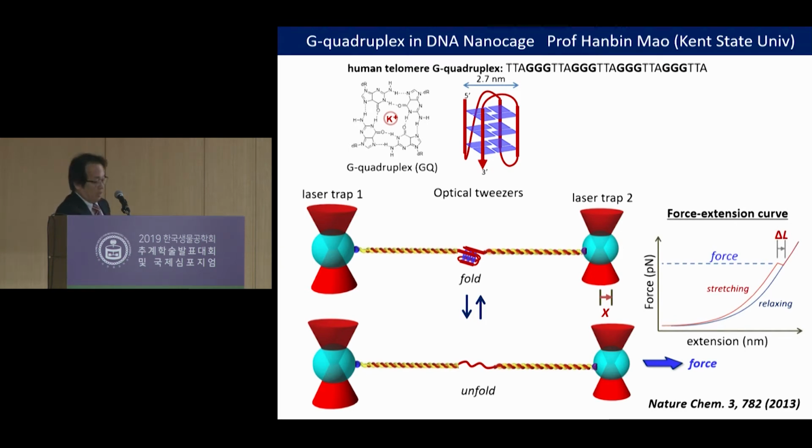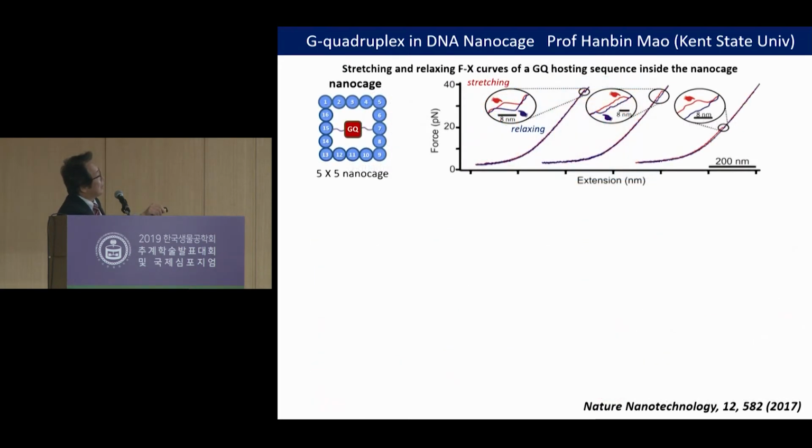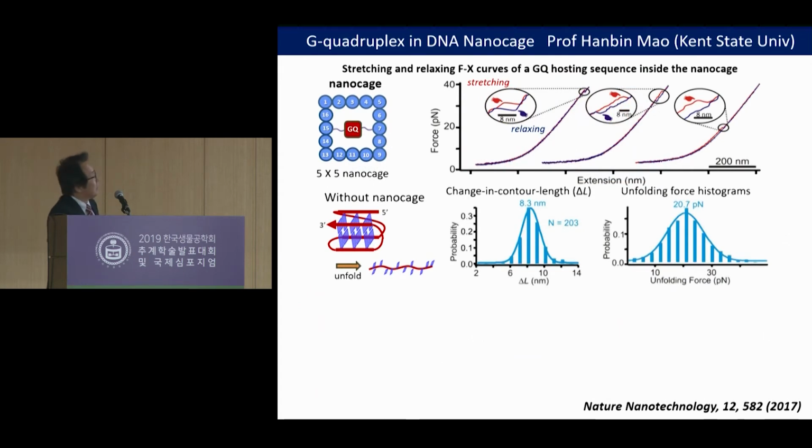And now we put this G quadruplex inside the DNA nanocage made of DNA and look at whether that nanocage stabilizes the quadruplex or not. And this is a result.